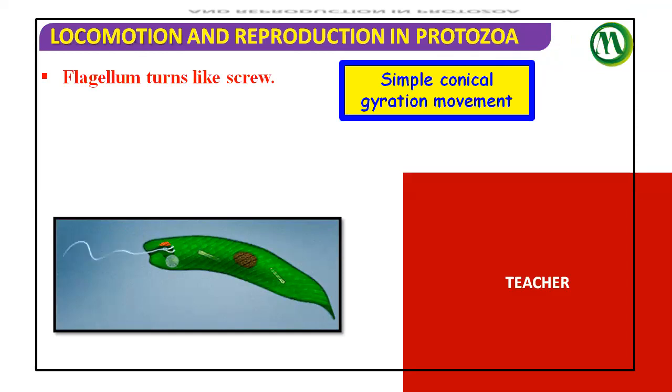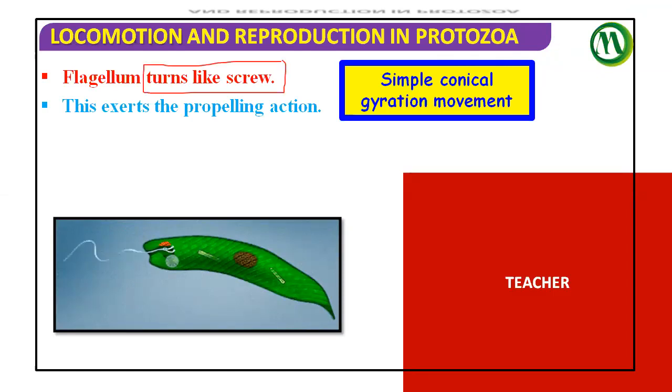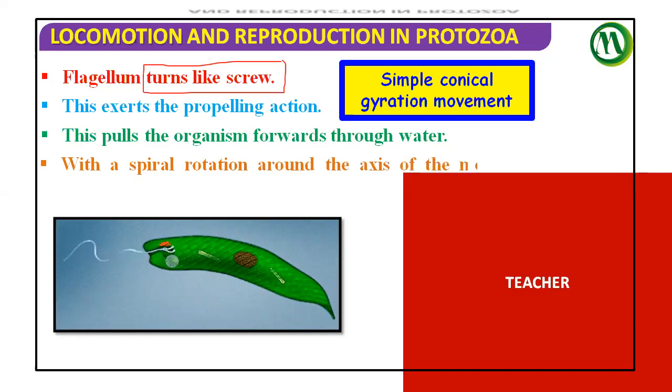The flagellum turns like a screw. You just imagine, it turns like a screw. That exerts a propelling action, a pulling force that pulls the organism forward through the water. You may have seen a drilling machine, which makes holes in the wall.